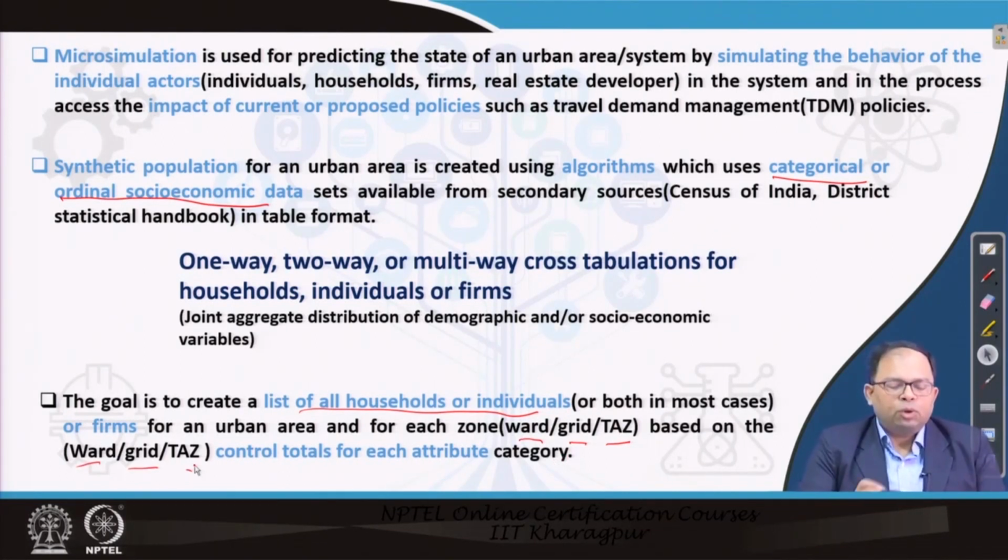That means, if we have the total number of people of different education groups or age groups or gender groups in each ward or each grid or each TAZ, we can create a list of all households or individuals, where we know exactly, okay, for this particular individual, what is his age group, what is his demographic, what is his education, and what is his gender. So this kind of list could be created. So this is the synthetic population that we are talking about.